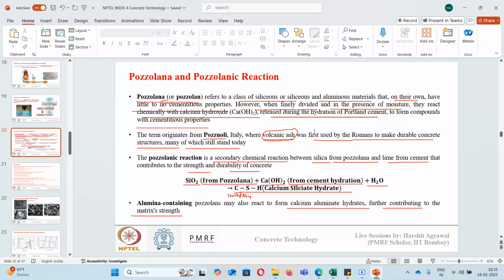In cement, we have Na2O, we have K2O, we have CaO, we have a lot of oxides that are there in OPC, in Portland cement. When they react with water, we have NaOH, we have KOH, we have Ca(OH)2 released in the pore spaces when cement and water react. And these alkali materials which are released during the cement hydration make concrete alkaline, not the CSH. Okay, thank you, sir.